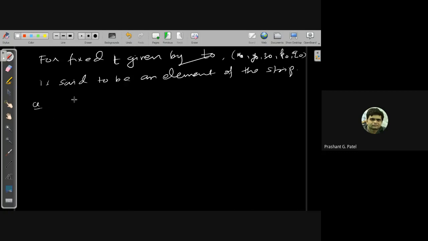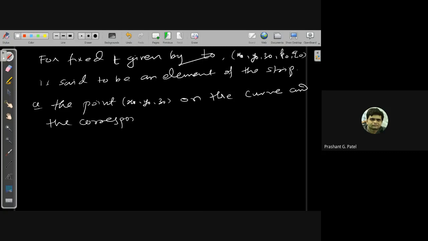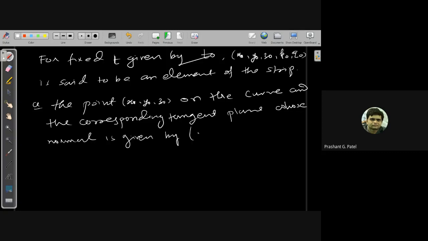That means the point x0, y0, z0 on the curve and the corresponding tangent plane whose normal is given by p0, q0, minus 1 at that point.